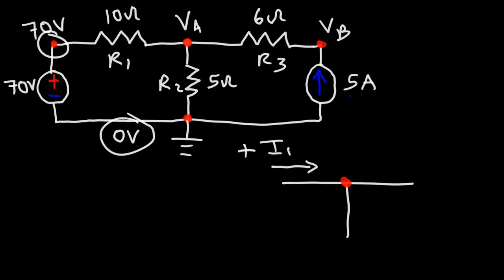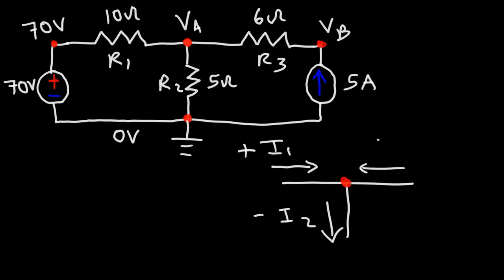Now we do have a current source of 5 amps, which is going in this direction. And likely it's going to go down through this resistor. So we have a current I2 going in this direction. Because that current is leaving the junction, we're going to give it a negative value.